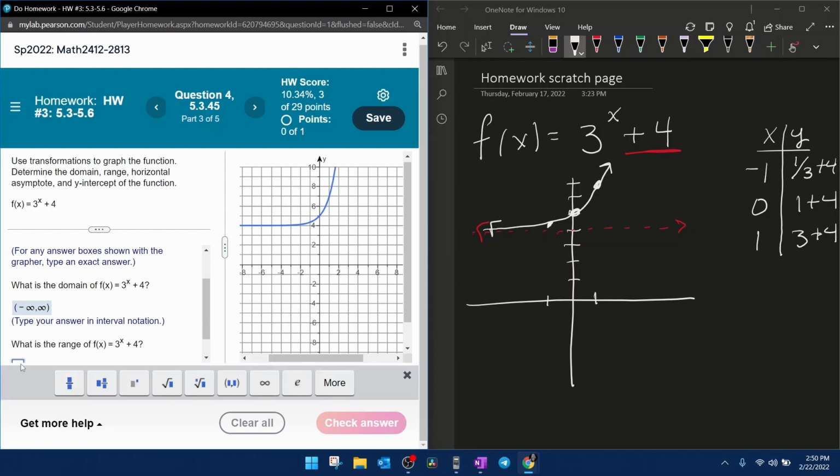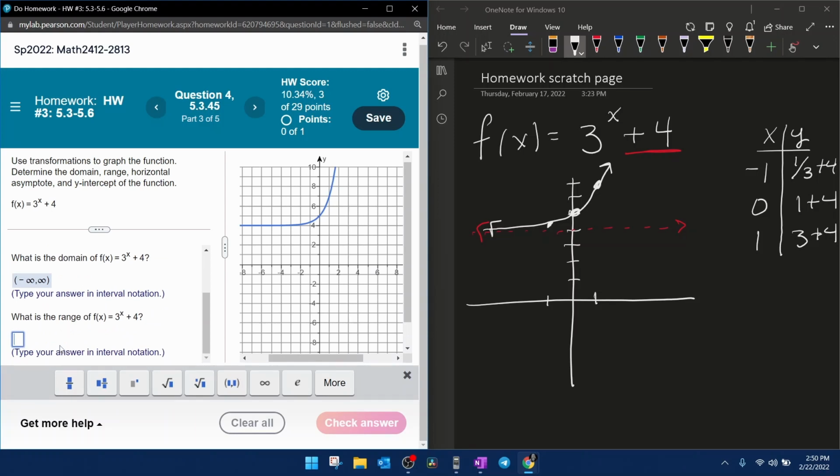And I want you to notice that our horizontal asymptote is at 4. Now remember that an asymptote is a line that the graph approaches but never touches. So for the range, we're going to have to use a parenthesis, because the graph will never be able to touch 4. It's going to get infinitely close to 4, but never be 4.